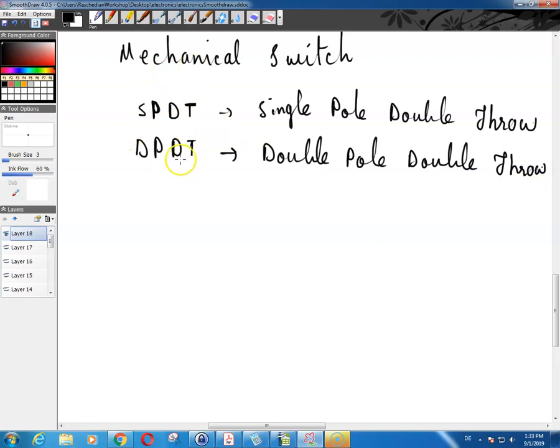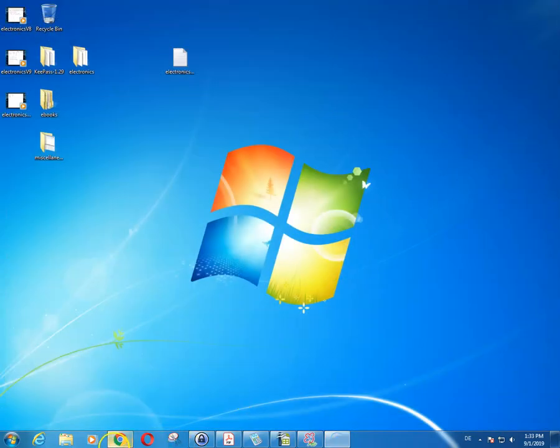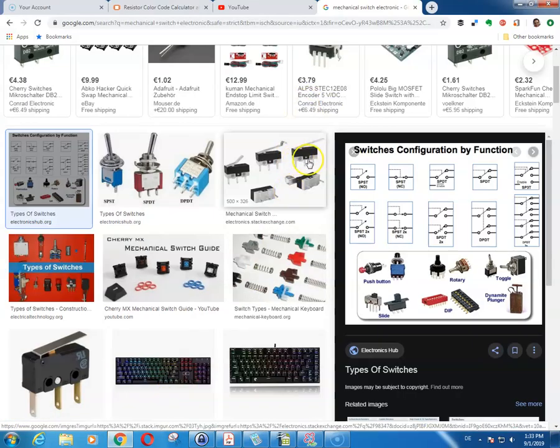Now it's a little bit confusing to me, and it's not very easy to remember, but from here you can easily see that this is a single pole switch, this is a double pole switch, meaning that the pole basically refers to the number of single switches that you have in one package.